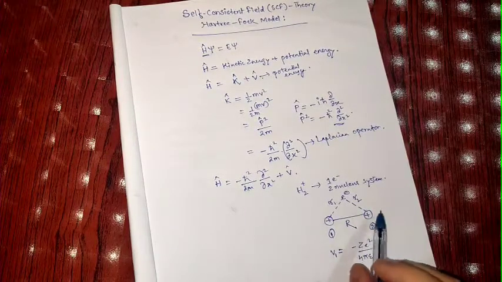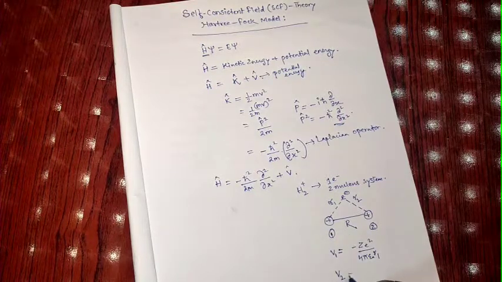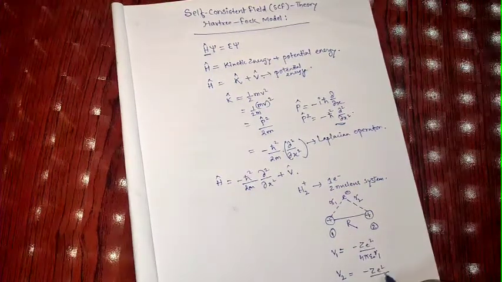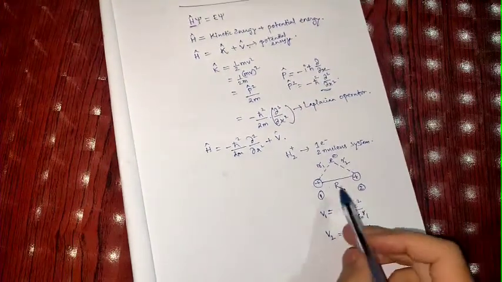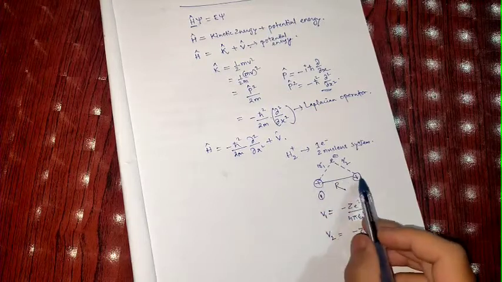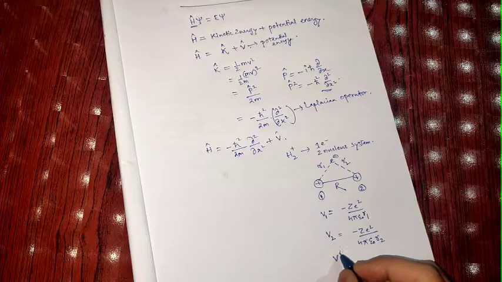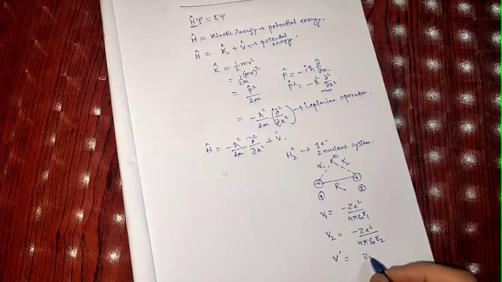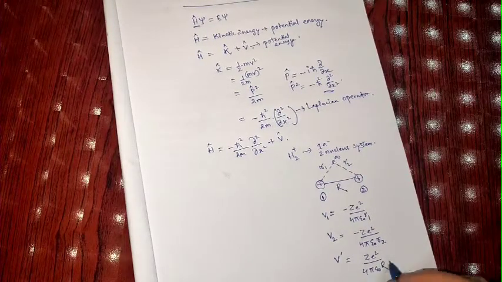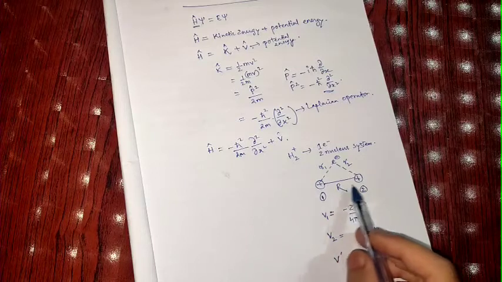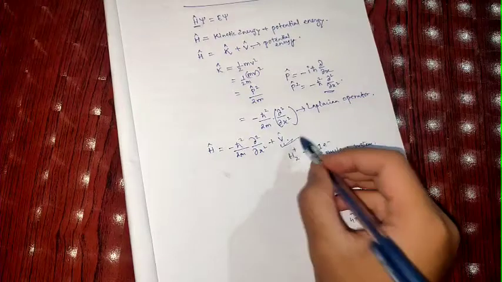The potential energy from nucleus 2 with this electron, suppose V2, is equal to minus z e square by 4 pi epsilon naught R2. There is also interaction between both the nuclei, that is the repulsive interaction. If we consider that as V dash, we get z e square by 4 pi epsilon naught R, where the distance of separation between the two nuclei is R. So those values we can put in this potential energy operator.